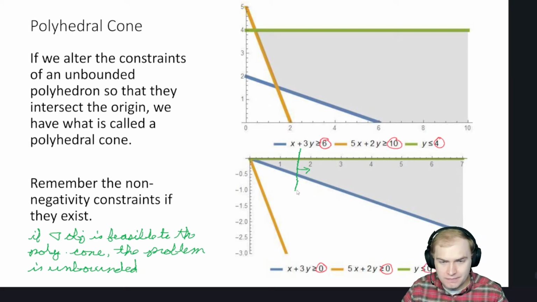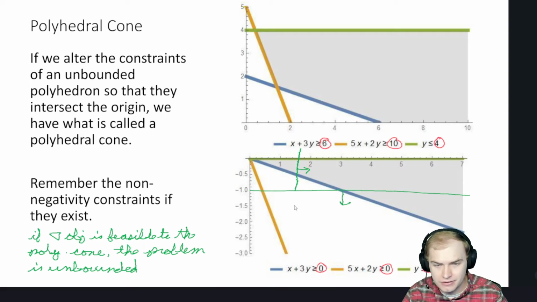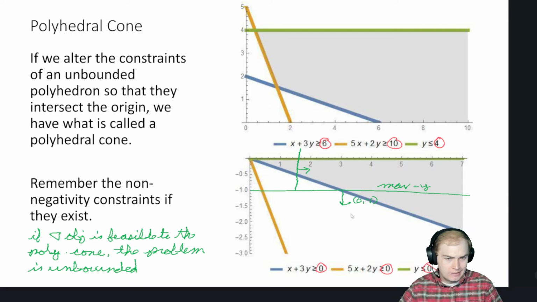Now additionally, suppose we had an objective like this. Suppose our objective was maximize negative y. Well, the gradient of that is 0, negative 1, and that points straight down.